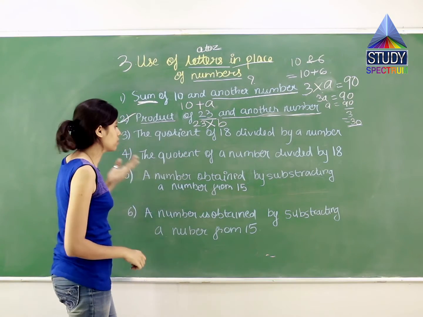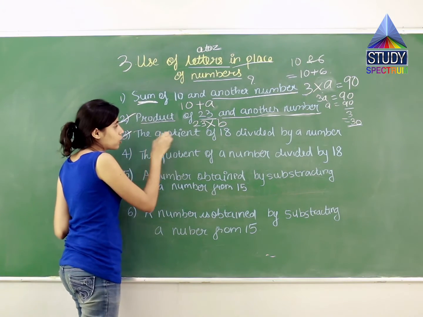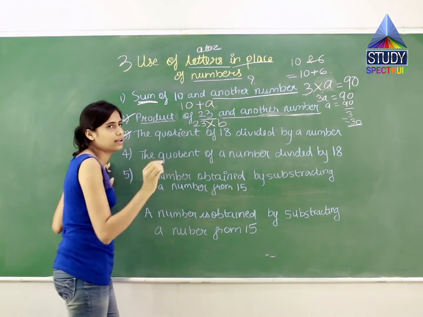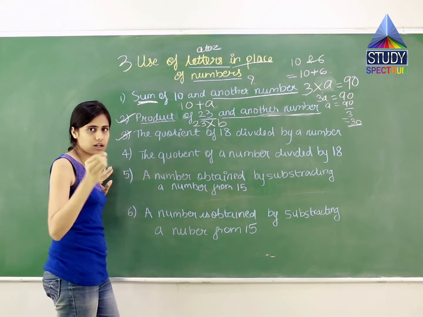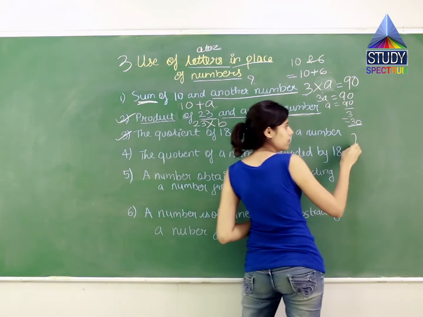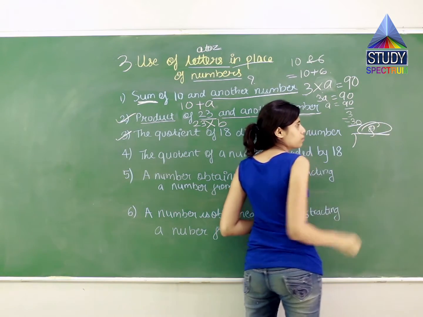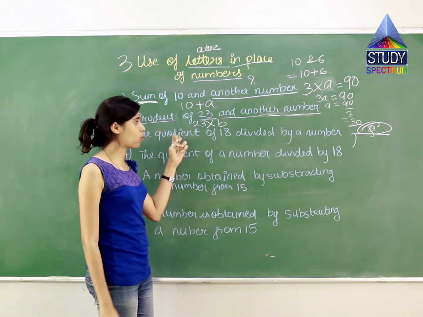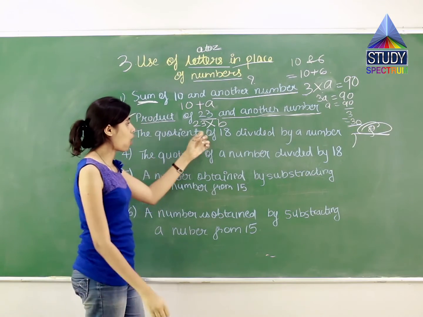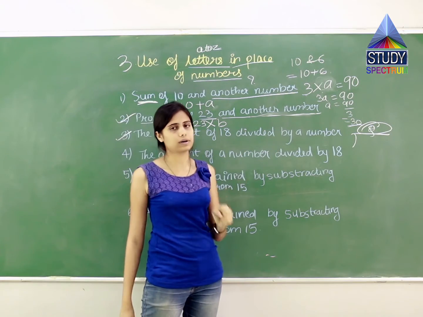Now let us move on to the third. The quotient means what? In short, quotient is the answer of division. When you divide, whatever you get is the quotient. So they are asking you the quotient, meaning the answer of 18 divided by a number.